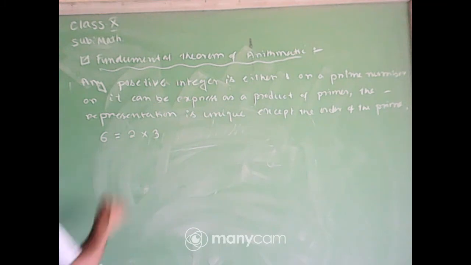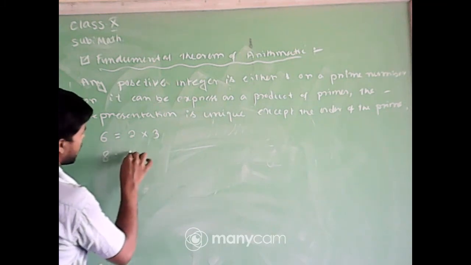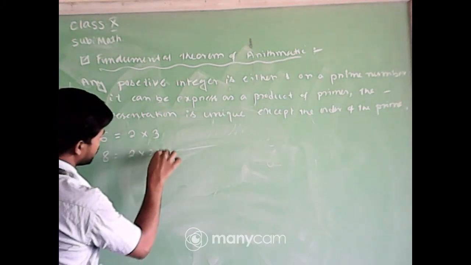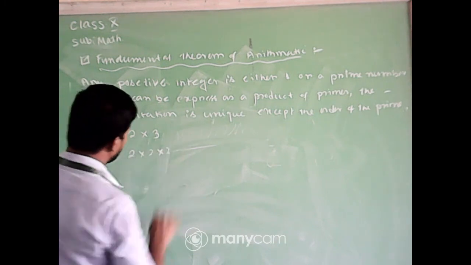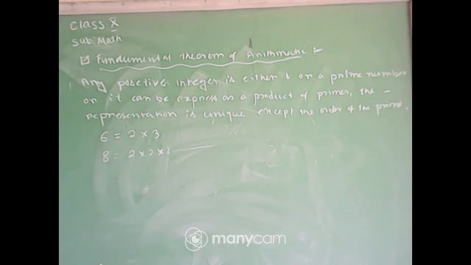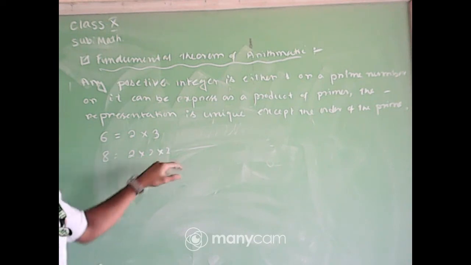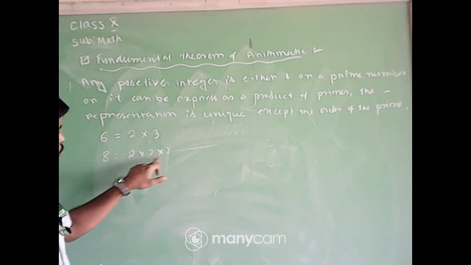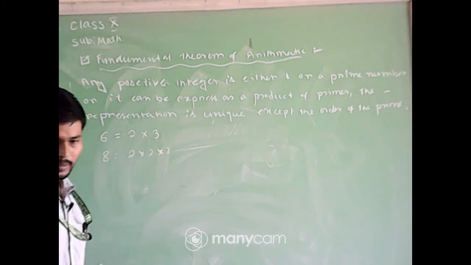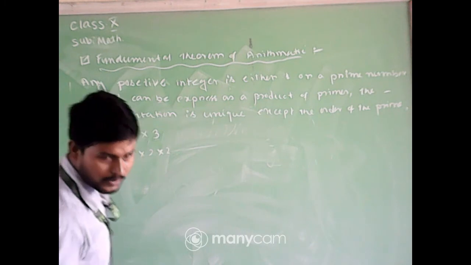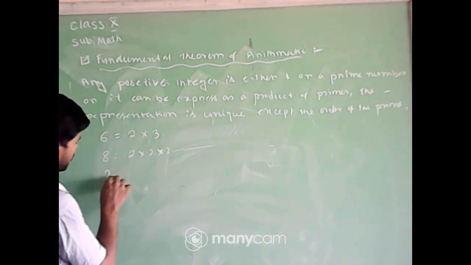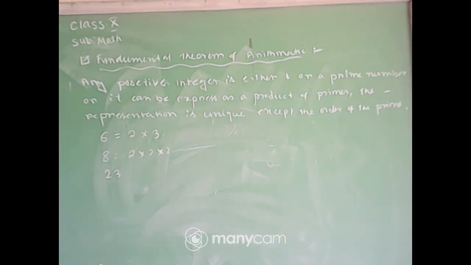Another student has given 8. So 8 means 2 into 2 into 2. As 8 is not prime and not 1, it must be expressed as a product of a few prime numbers, and 2 into 2 into 2 are all prime numbers. For example, 23 is given. Now look, 23 itself is a prime number.